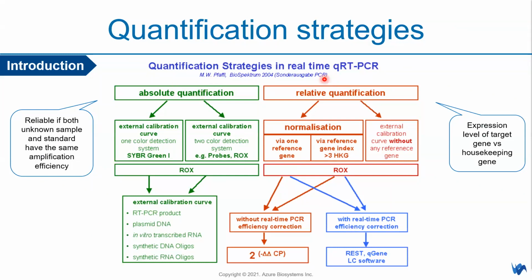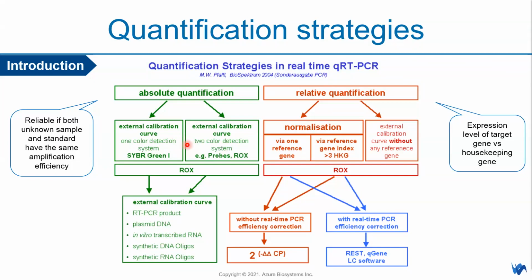For absolute quantification, you normally need an external calibration curve, or what we call a standard curve, for a one-color or multiplexing assay. And this quantification will be reliable if and only if both the unknown sample and the standards have the same amplification efficiency.